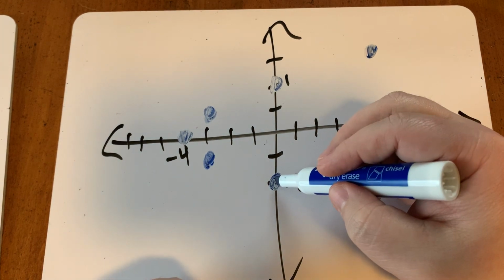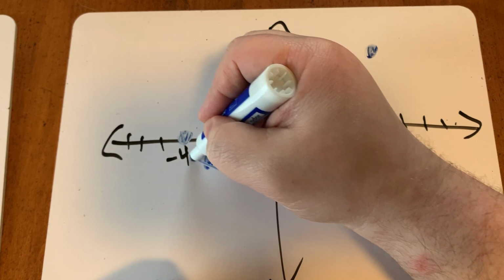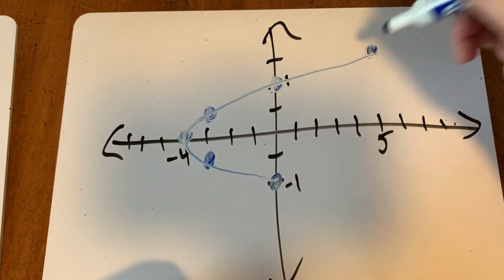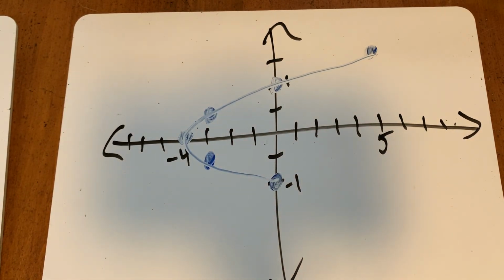So we started here, that was our next one, and then we continued through like that. So that's our parabola, but because of the restrictions, these are the pieces we're left with. That's the part of the parabola that we have.